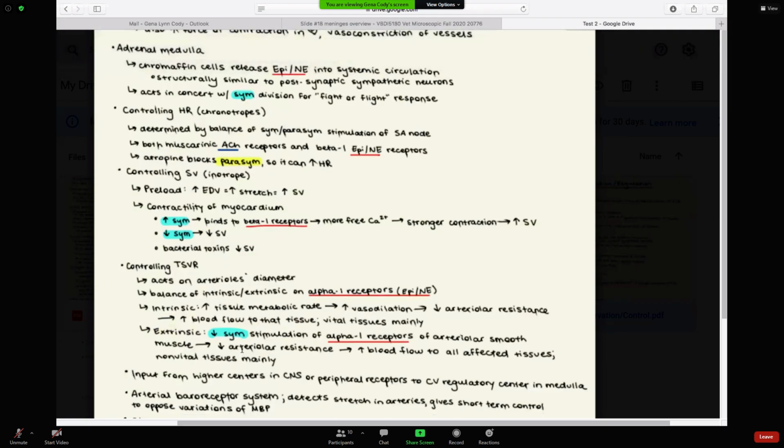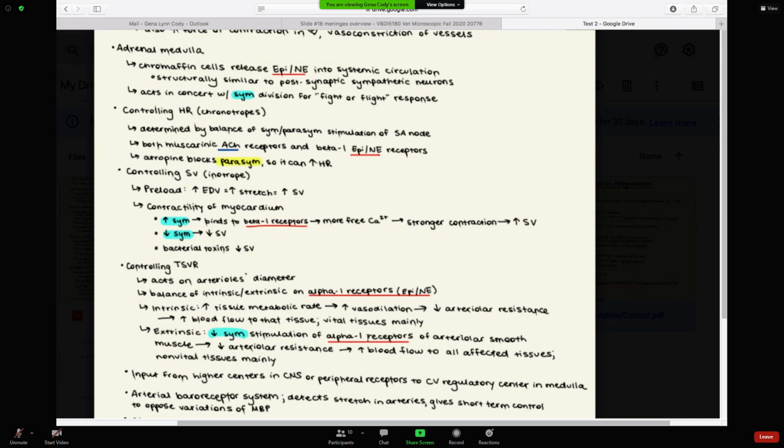For example, if I am going into fight or flight, I'm running away from a bear, is what you always like to say. I'm going to get sympathetic stimulation throughout my body, right? My sympathetic nervous system is going to start going into overdrive. I'm going to get epinephrine, norepinephrine all over. My heart rate's going to increase because it's binding to the beta-1 receptors.